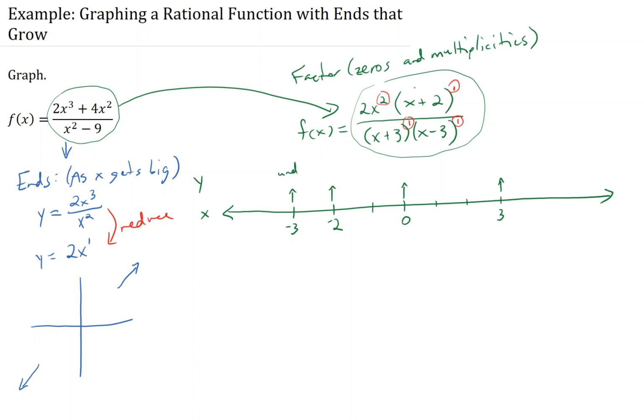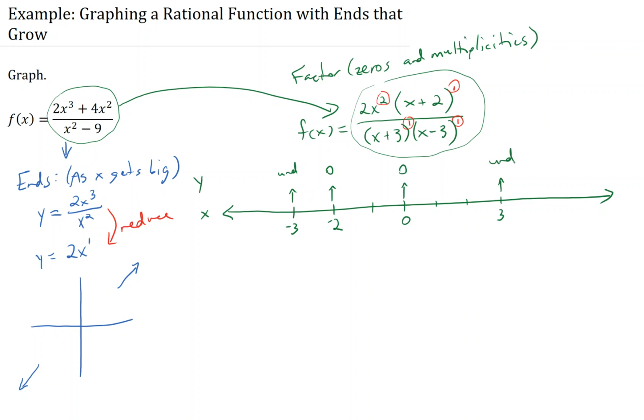If I plug in -2 for x, that makes x plus 2 turn into 0, which is on the top. And so that makes the whole fraction equal 0. If I plug in 0 for x, that makes x squared 0, which is on the top. So that makes the whole fraction equal 0. And finally, if I plug in 3 for x, that makes x minus 3 zero, which is on the bottom. So the fraction, the y value, is undefined.